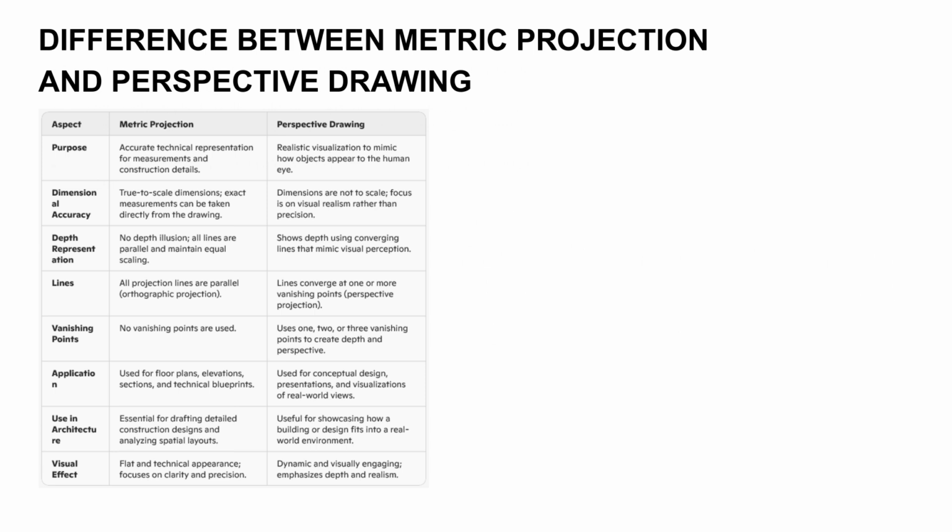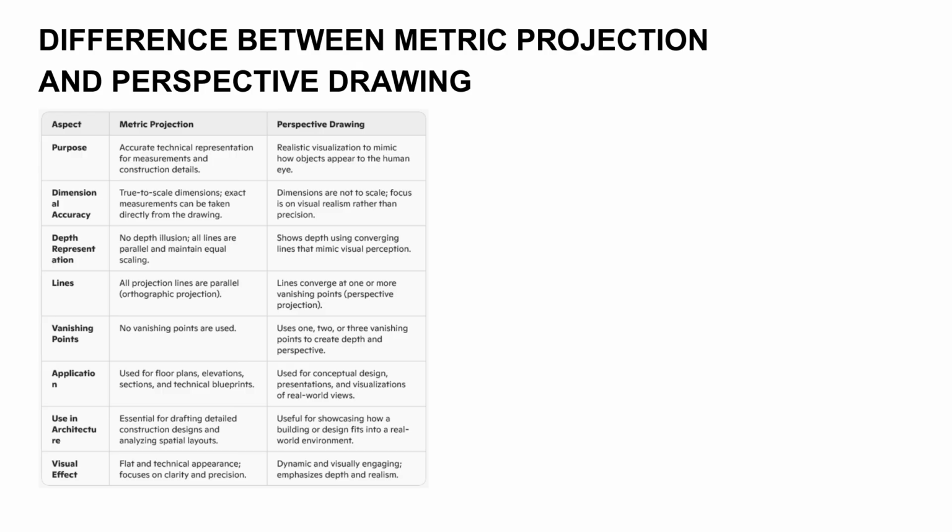There are many aspects to see the difference between metric projection and perspective drawing. If we talk about the purpose of both, the metric projection gives an accurate technical representation, but the perspective drawing gives realistic visualization only.